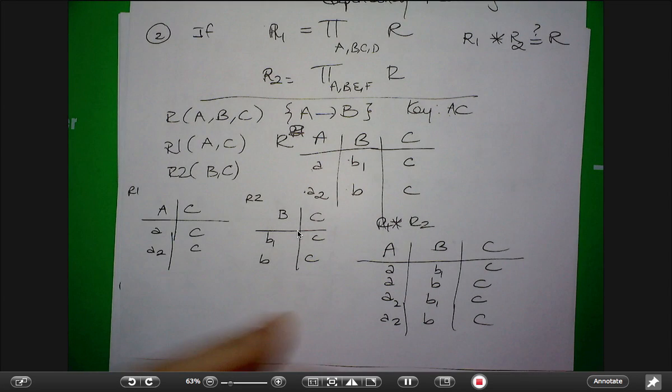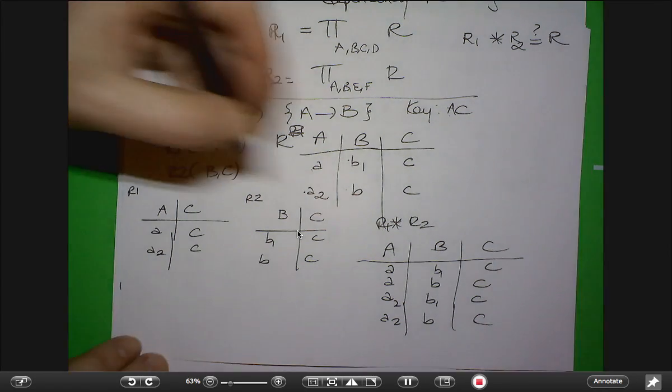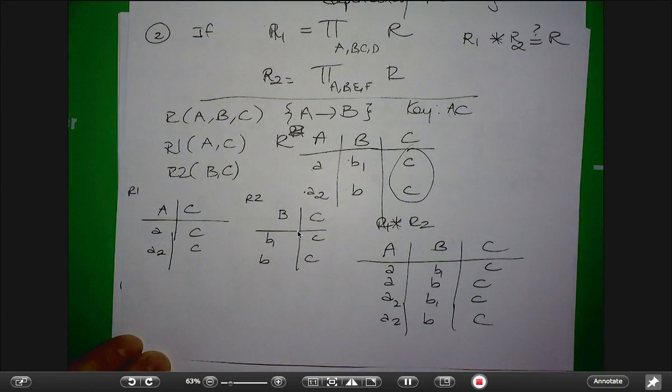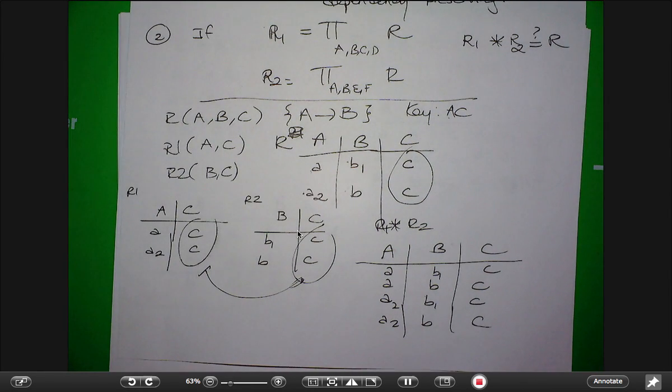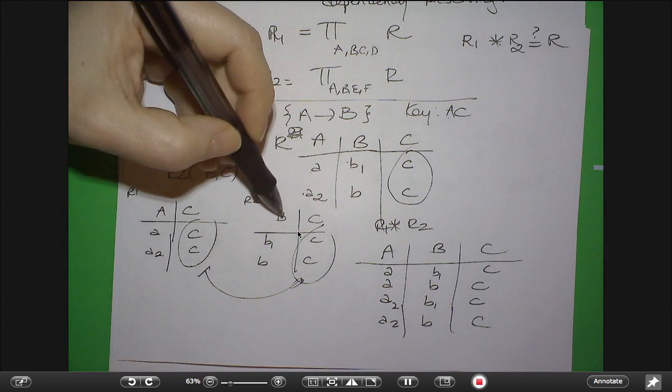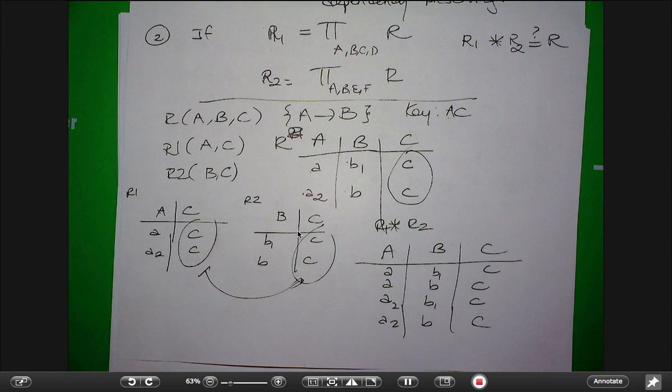When you join here, you're actually matching on the attribute C, because this and this have the same C. But when you find the same two C's, that means you need to be finding a correspondence between A and B. But there is nothing that C implies.